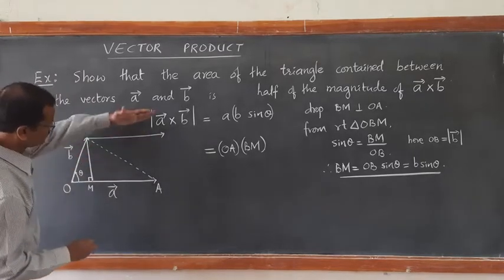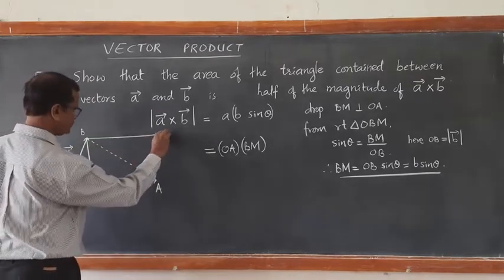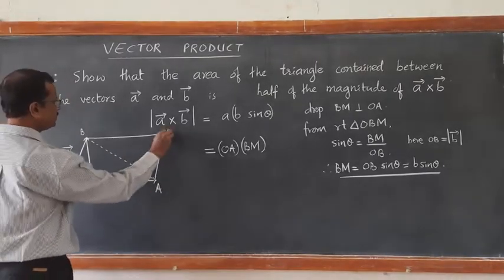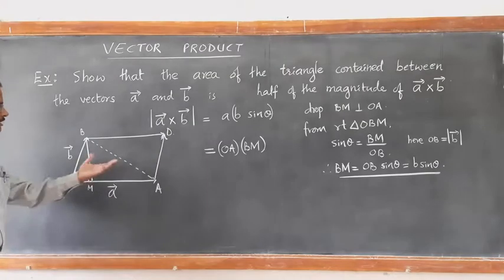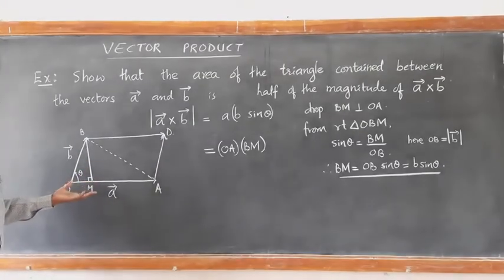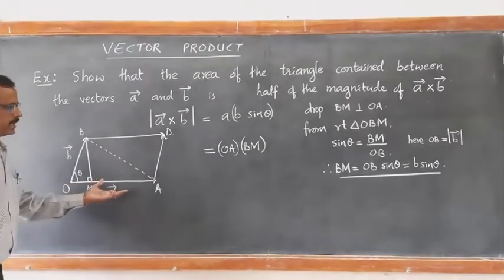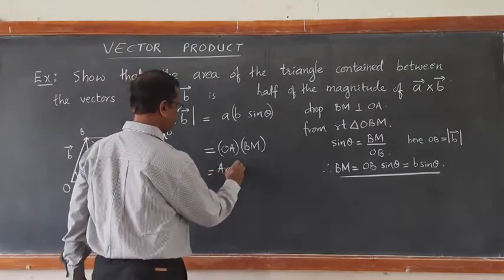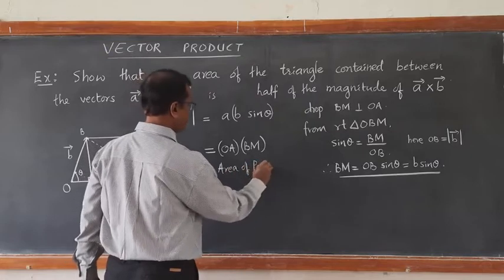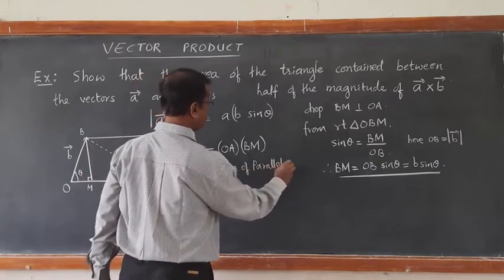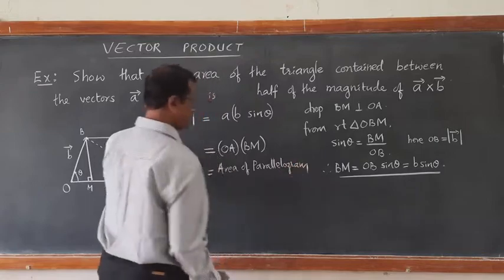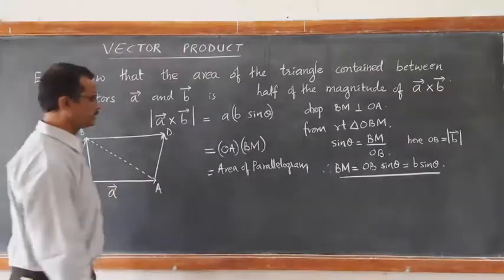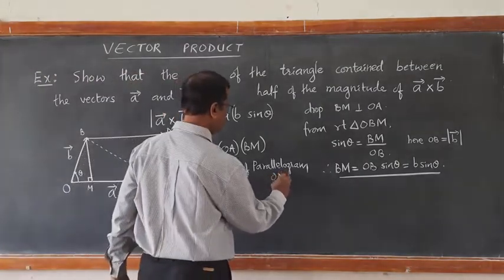Draw a parallel to vector A and a parallel to vector B. So call this one OADB. Is it not giving you the area of the parallelogram? Base into height gives us the area of parallelogram OADB.